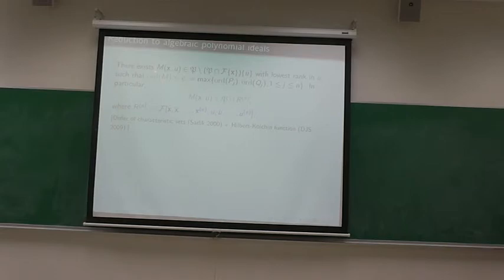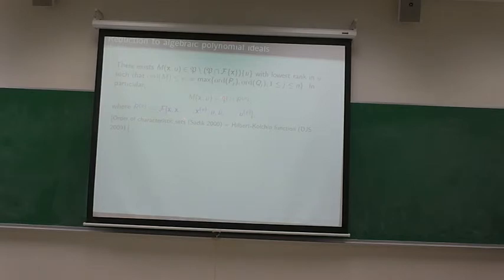There exists such a polynomial with lowest rank in u, satisfying this order bound, that is again the maximum of orders of all numerators or denominators in the given generators. This says in particular that this polynomial lies in the prime ideal we were considering intersected with this polynomial ring.